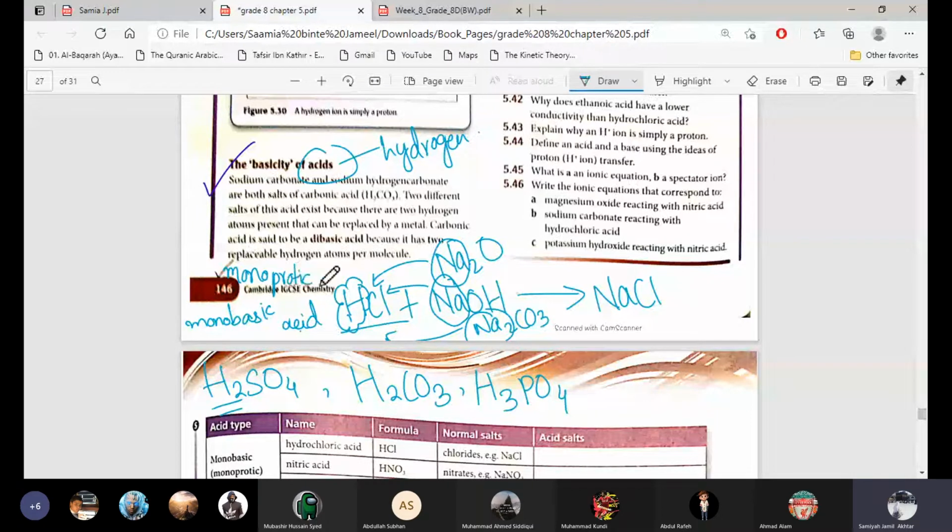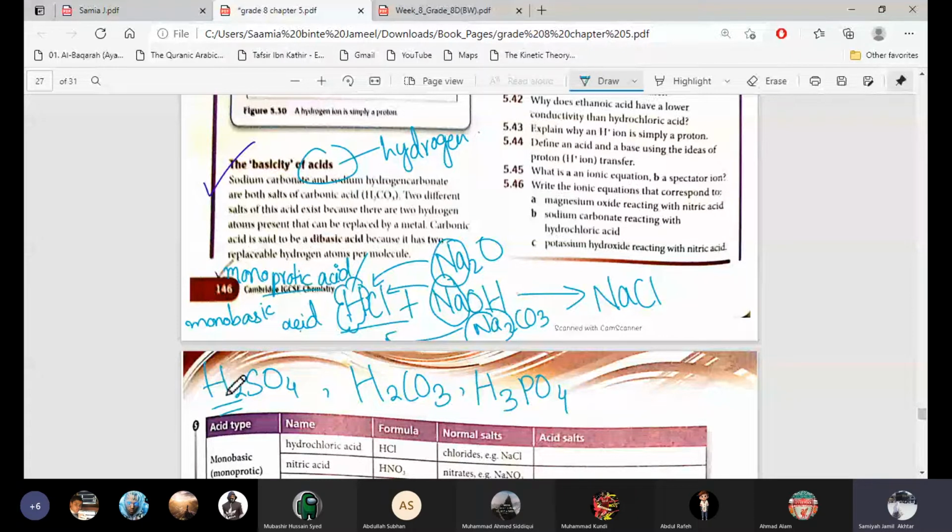So there are two names of these acids. It can be named monobasic and also monoprotic. The word protic comes from proton, because hydrogen is a proton. So it is monobasic and monoprotic both, two names for the same thing.